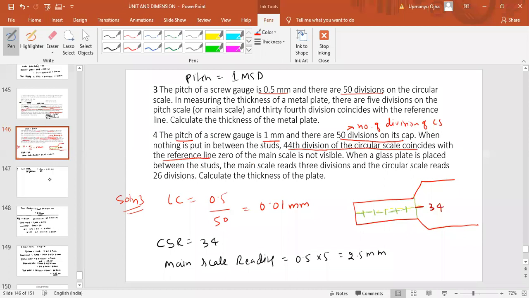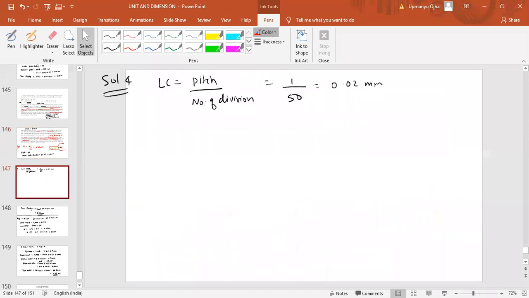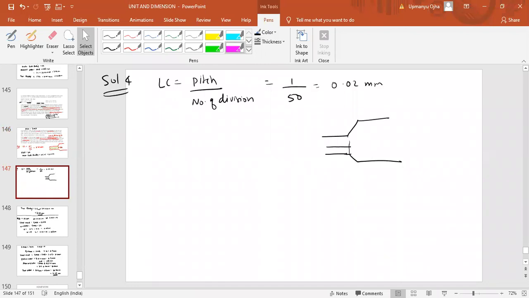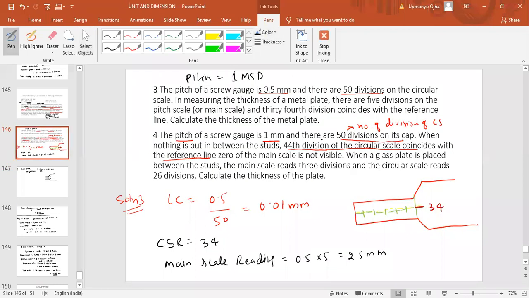So when nothing is kept, which means when you are not measuring anything, then 44 will be somewhere here. The 0 of the circular scale would be somewhere above the reference line. So when the 0 is above the reference line, this is which error? Positive error or negative error? It is the negative error because it is above the reference line.